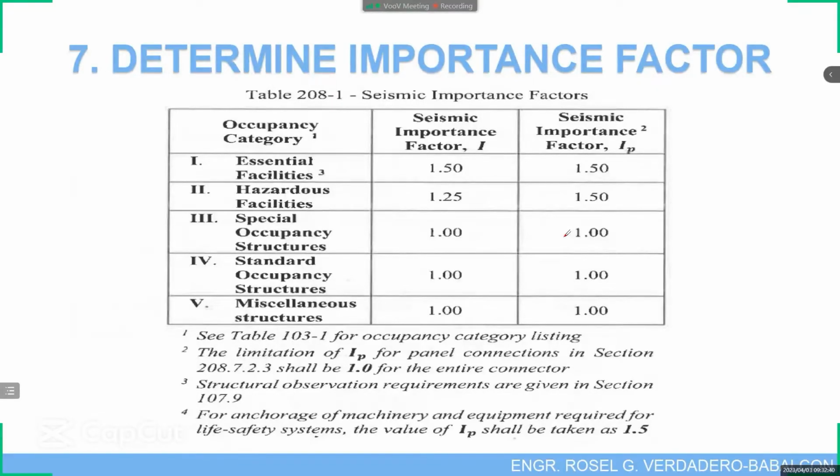The purpose of the importance factor is to add strength to the structure in relevance to its importance or its function after a severe calamity. Let's say for essential facilities, these are facilities that are expected to function after an earthquake or an event.